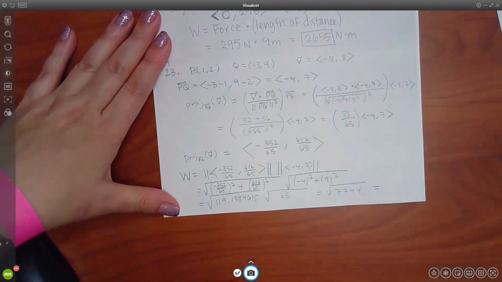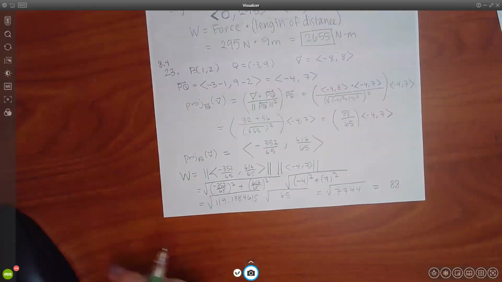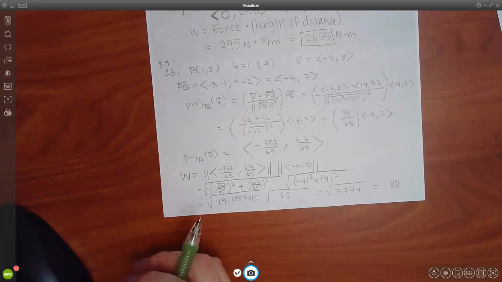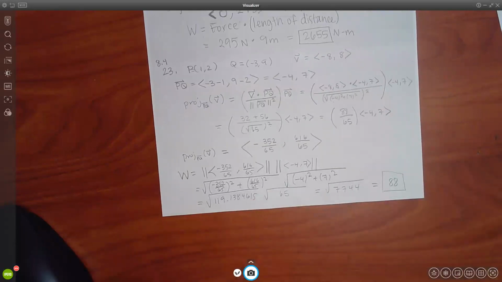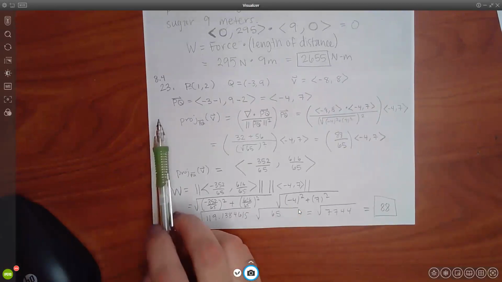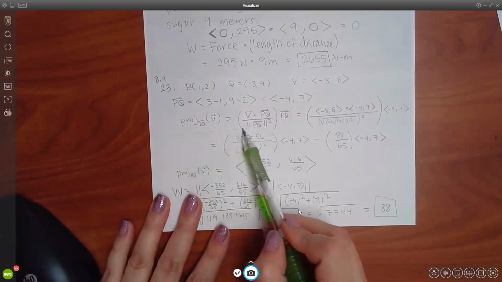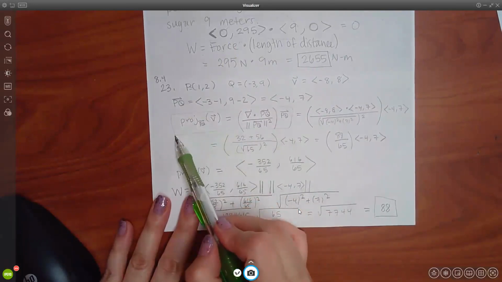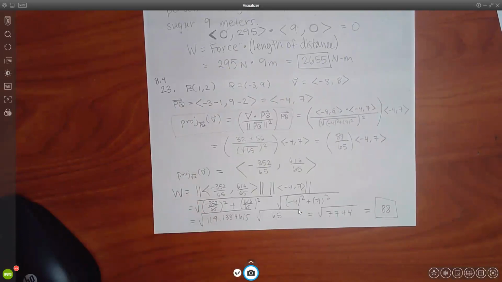And then the square root of that is 88. So be very careful when you're doing number 23 on your homework. Make sure you're using this formula for the projection. Okay, make sure you use that formula.